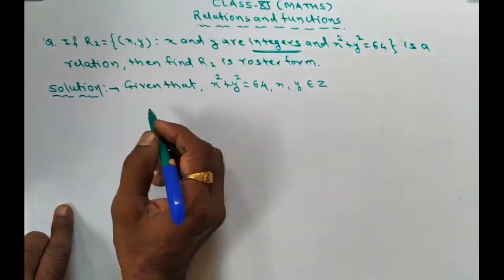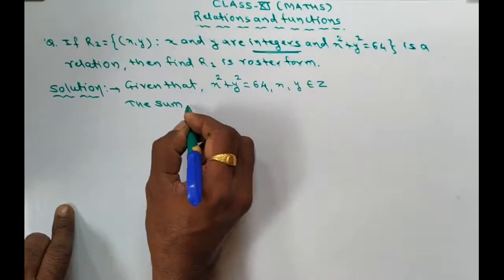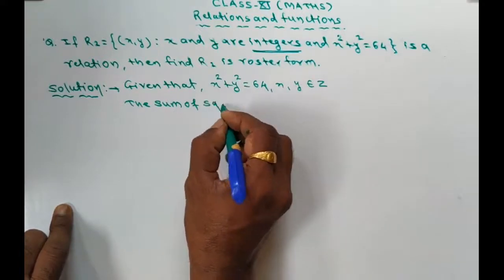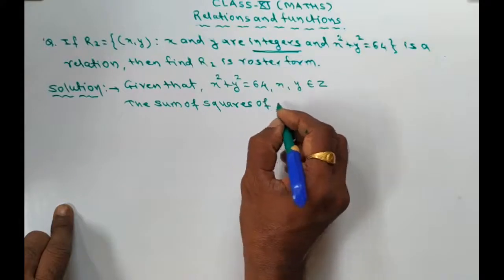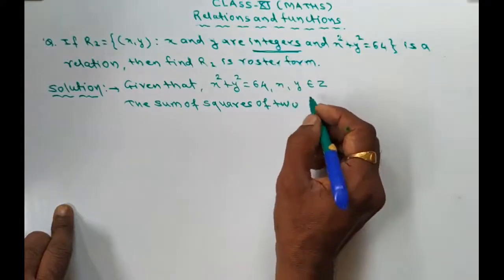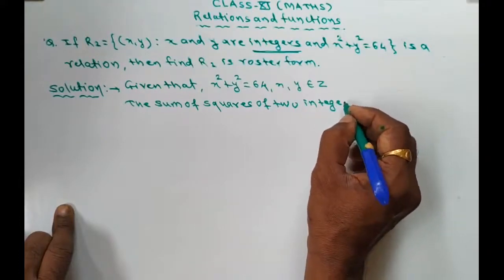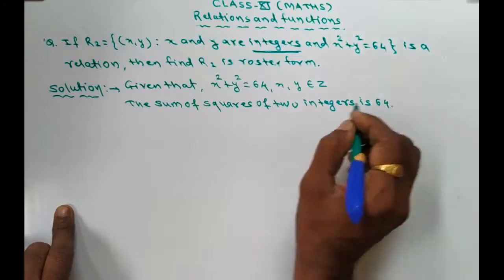So the sum of the squares of two integers is 64.